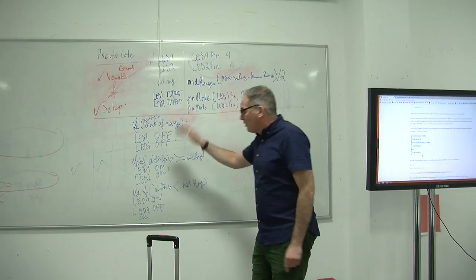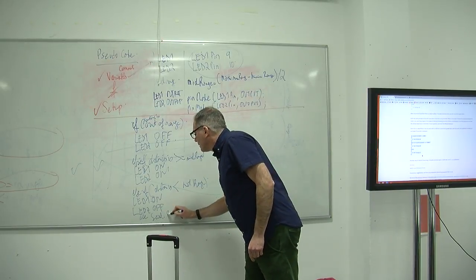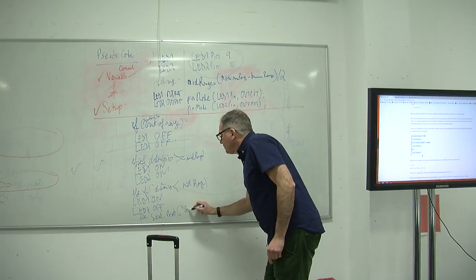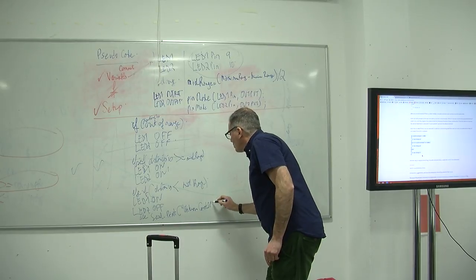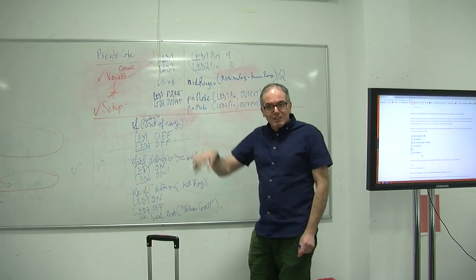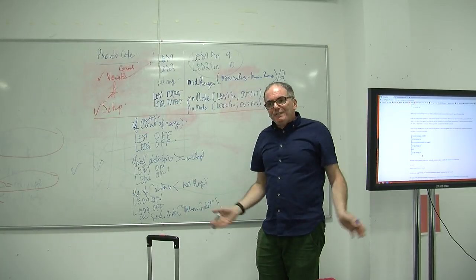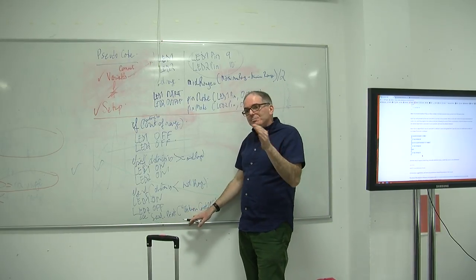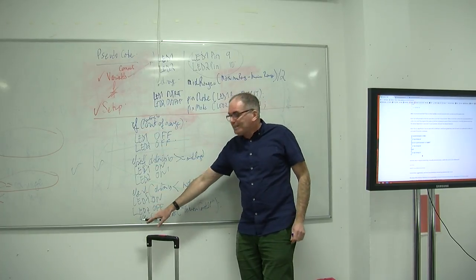That means if it's none of all these, we can just serial print unknown condition. If it's neither out of range and it's not in range, where can it be? Nowhere. But just for safety, we can say we have an unknown condition, so that we know there might be a problem. So we have if, else if, and else.